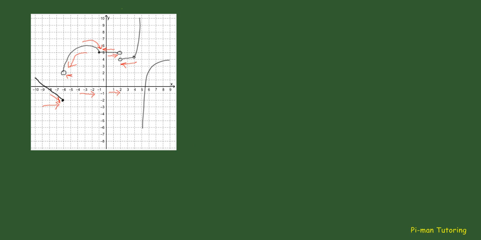Let's check a couple more locations. So let's look at the limit as x tends to 4 coming from the negative direction. So what's happening here? We're approaching 4 from the negative direction.